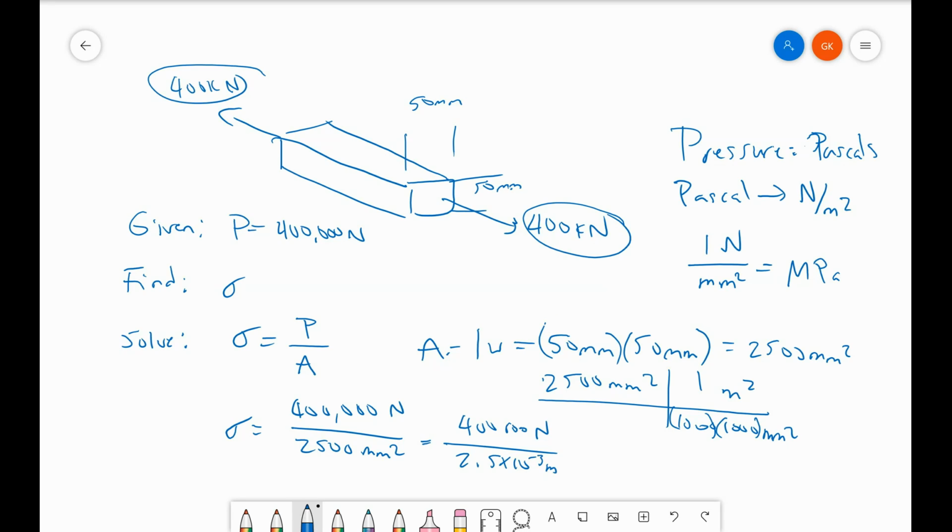Okay, that's pretty dang small, isn't it? So small. Now, if I want to make things a little bit simpler, I can simplify and say that's going to be equal to 400 million on the top over 2.5.